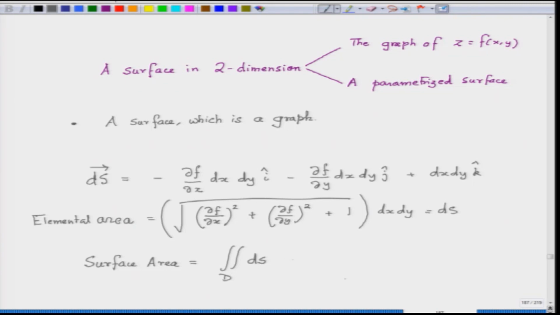So, that is again the integral over the domain D of root over 1 plus del f del x whole square plus del f del y whole square dx dy. So, this is the formula for the surface area, which is the generalization of what we learned for the solid of revolution. It is for any surface which is given by some graph or function. This is the way one has to compute the surface area.